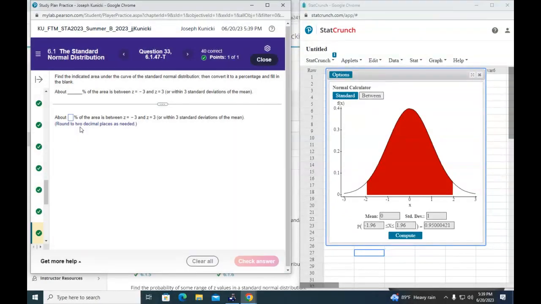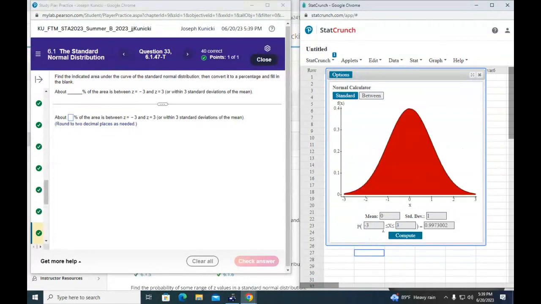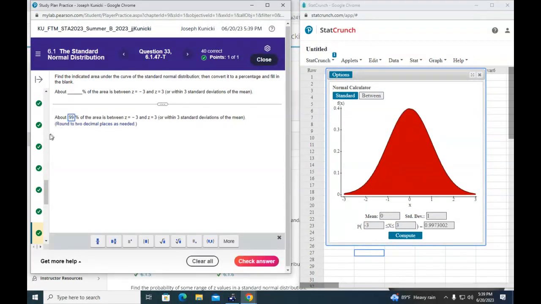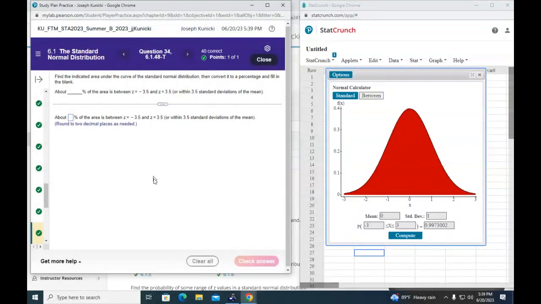Okay. What about 3? What's it say on your empirical rule? 99.7, right? Actually, it's 99.73. We say 99.7. But you get the idea. I forgot the decimal point. And then what about 3.5?